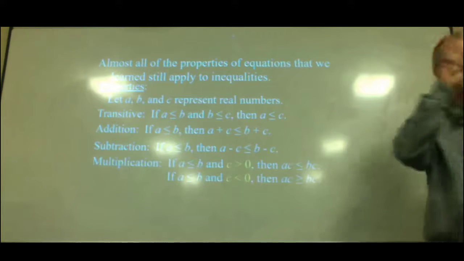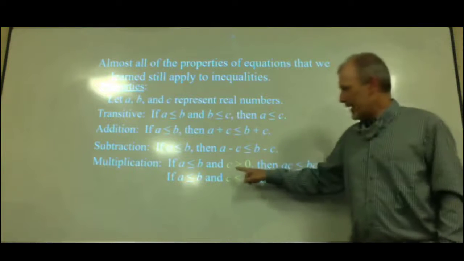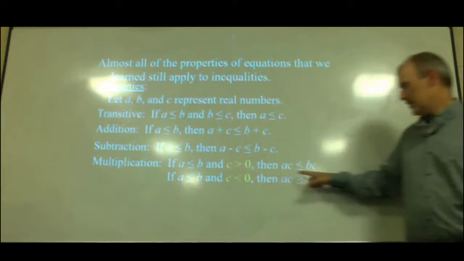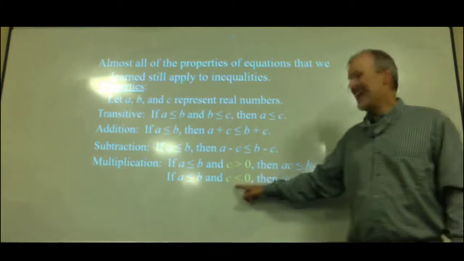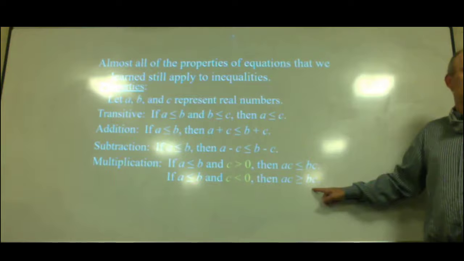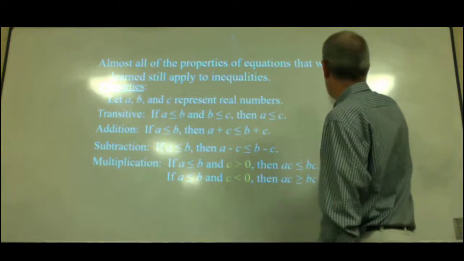There are two different cases for multiplication. If we multiply by a positive number, the inequality does not change. But if we multiply by a negative number, then the inequality changes. And a very simple example of this, let's just make it really easy.